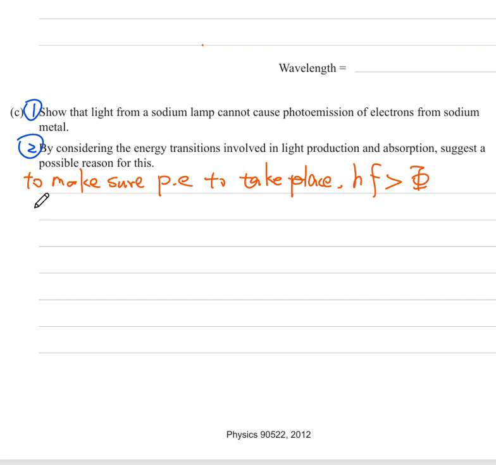Now for this question, we are given the frequency of the light, and we are given the work function of the metal. So we can use our calculator to calculate this.